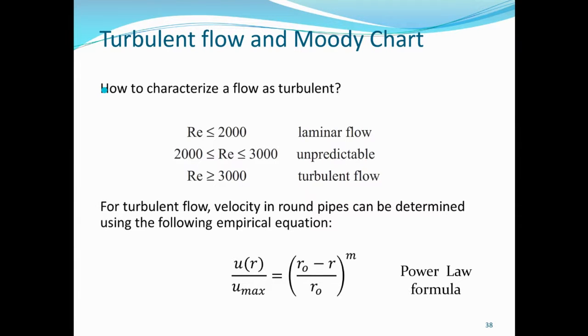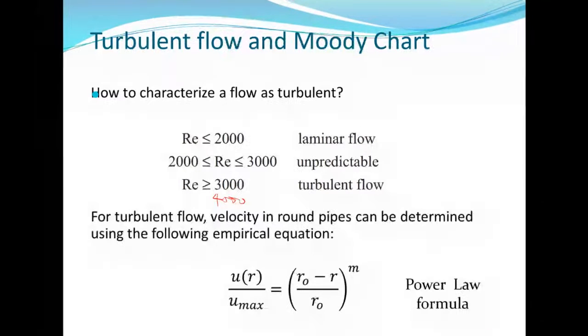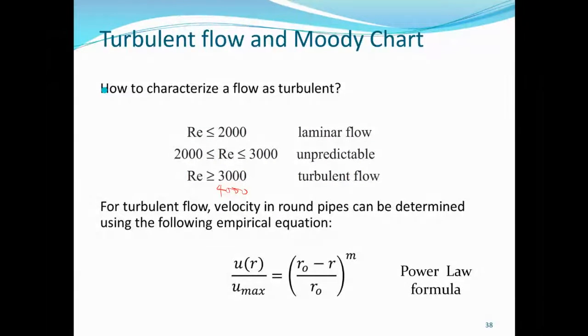So, turbulent flow and the Moody chart. Now, how do we characterize a flow as turbulent? We said that a flow is turbulent when Reynolds number is greater than 3,000, in some texts greater than 4,000. In fact, when you use a very smooth pipe and avoid disturbance, you can even have laminar flow up to Reynolds number 100,000.